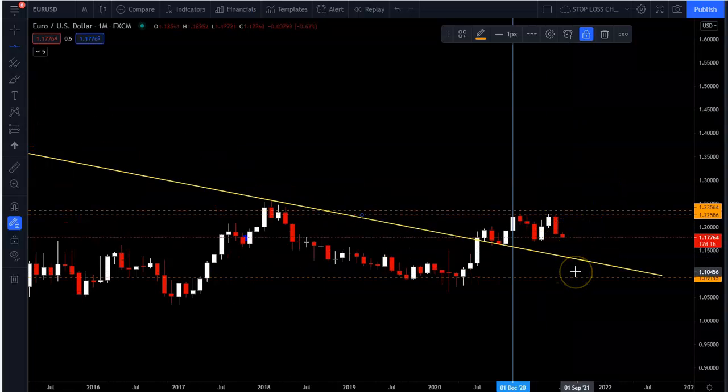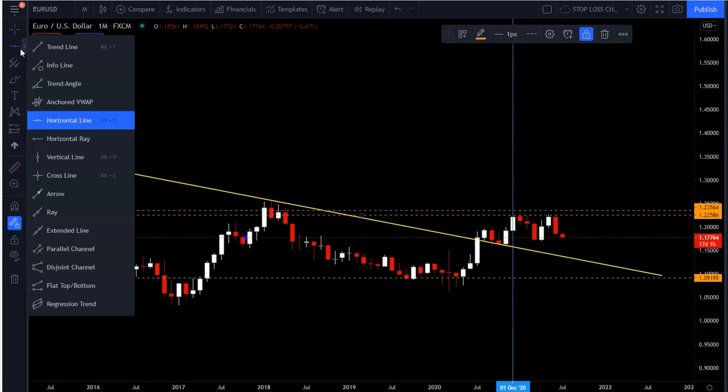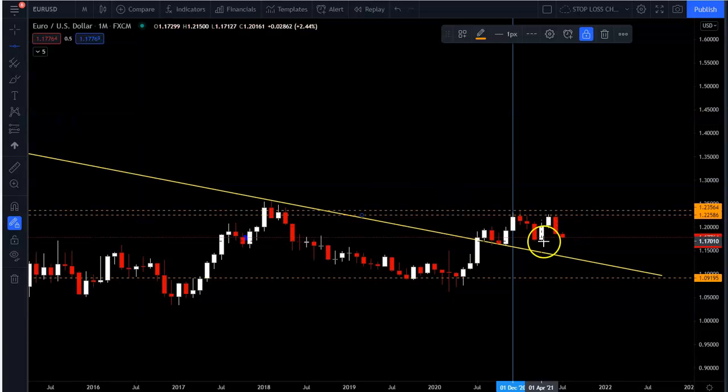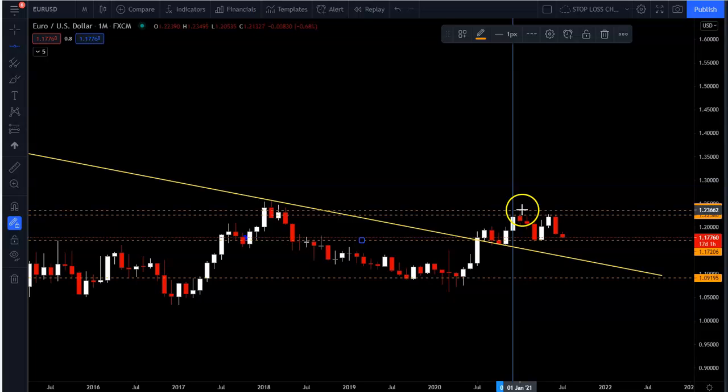I want to make sure we're looking at this because this is most definitely a higher low. Look at the higher lows. Look at the lows. This is most definitely a higher low in this area than this area here.